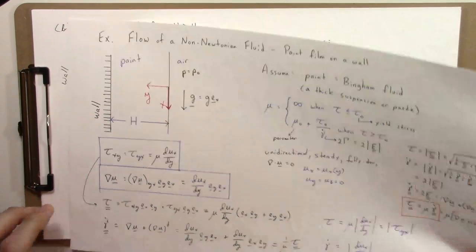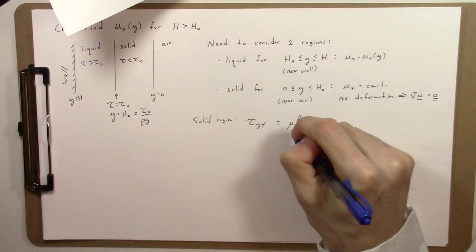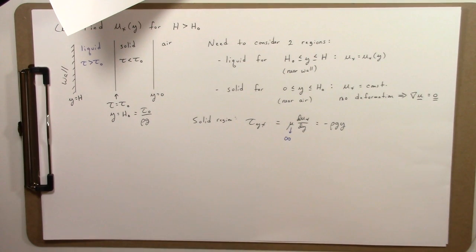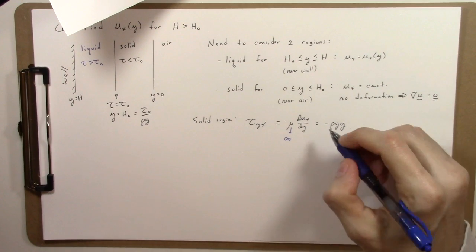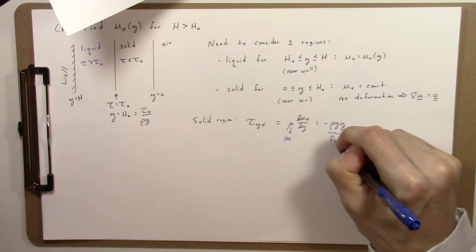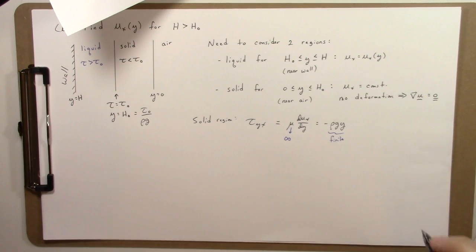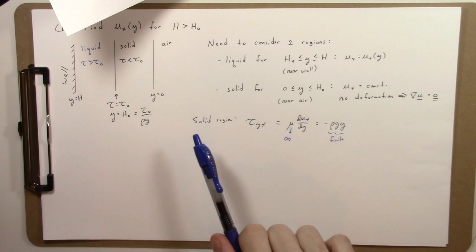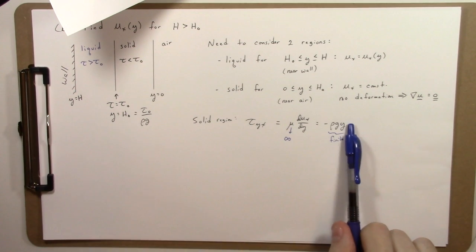So we can take mu and say mu goes to infinity in the solid region. However, the right-hand side is not infinite. It's finite. It takes on a value between 0 and minus rho g h naught.